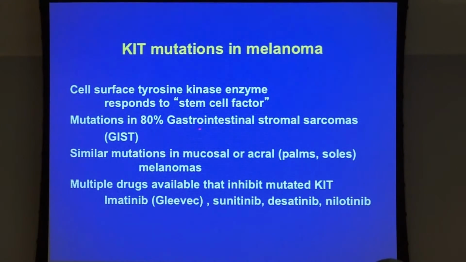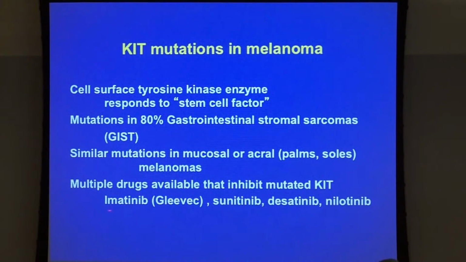KIT mutations are present in about 80% of a completely unrelated cancer called gastrointestinal stromal tumors. And the same mutations can be seen in patients with acral or mucosal melanomas in about 20% of cases. And unlike the BRAF situation where it's the same mutation in all cases, there's a variety of different KIT mutations that cause that activation.